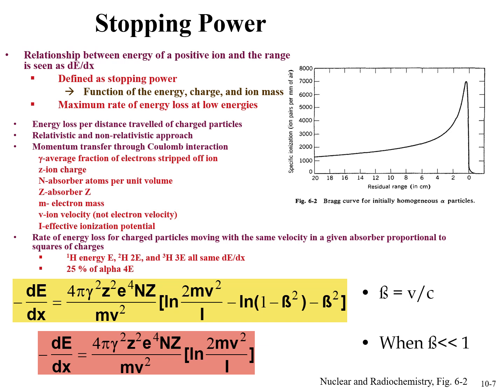So there's a relationship between the positive ion and the range, and it's called stopping power. It's the change of energy over the change of distance. We saw that in the range. And this definition of stopping power is a function of energy, charge, and the ion mass. It really talks about some sort of maximum rate of energy loss occurring at low energies.